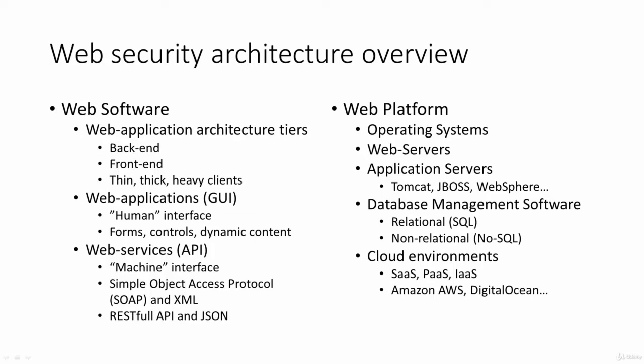So on the software level, on the application level, we have several different types of web application architecture tiers, which can be distributed between physical or virtual hosts, or can be contained within one operating system or cluster.